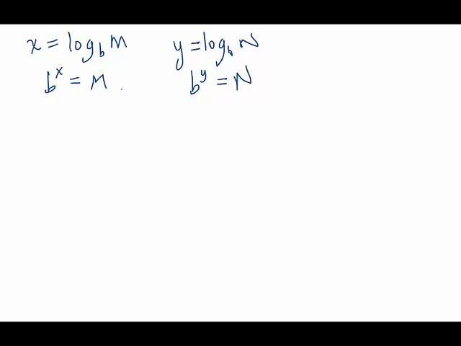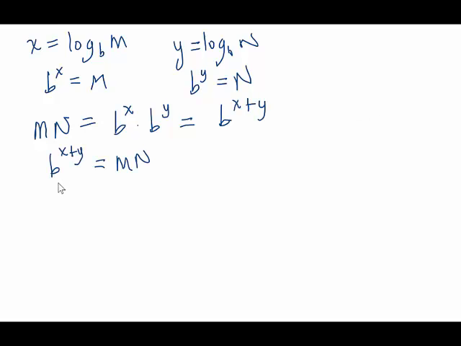Well, what if I multiply m and n? We get m times n equals b to the x times b to the y, and using that property of exponents, that's b to the x plus y. So all together we have b to the x plus y is equal to m times n.